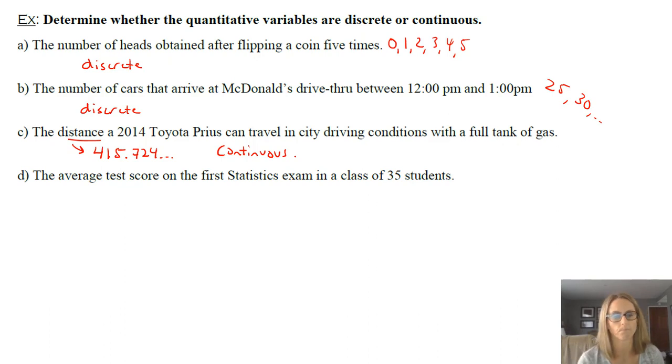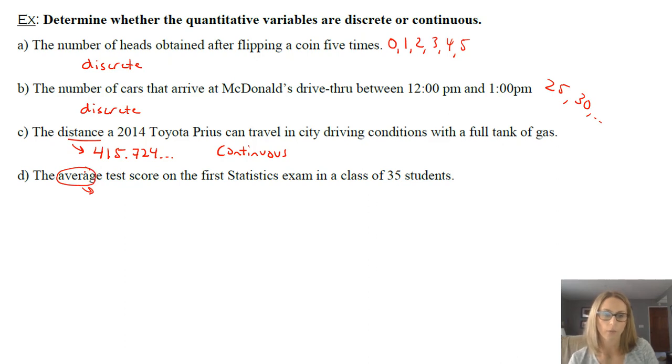Now, the average test score on the first statistics exam in a class of 35 students, you may or may not realize that there's always going to be that tricky one. So you might say, oh, the student could get a 90, the student could get a 70, but this asks for the average test score.